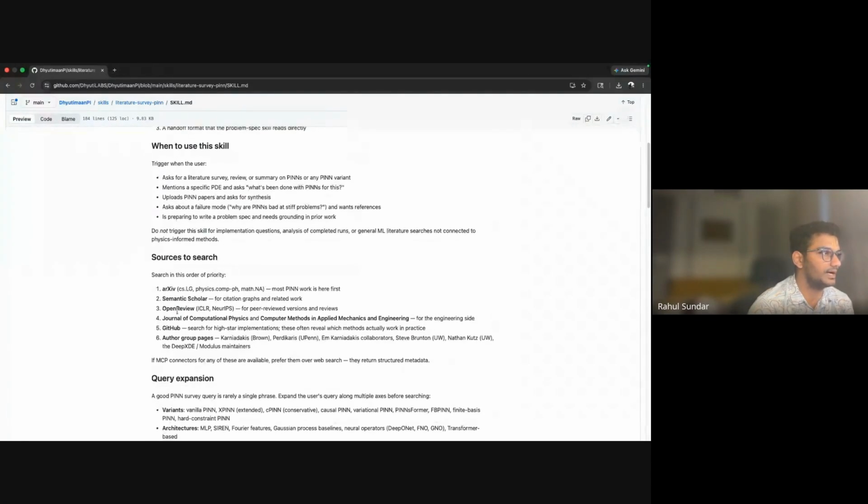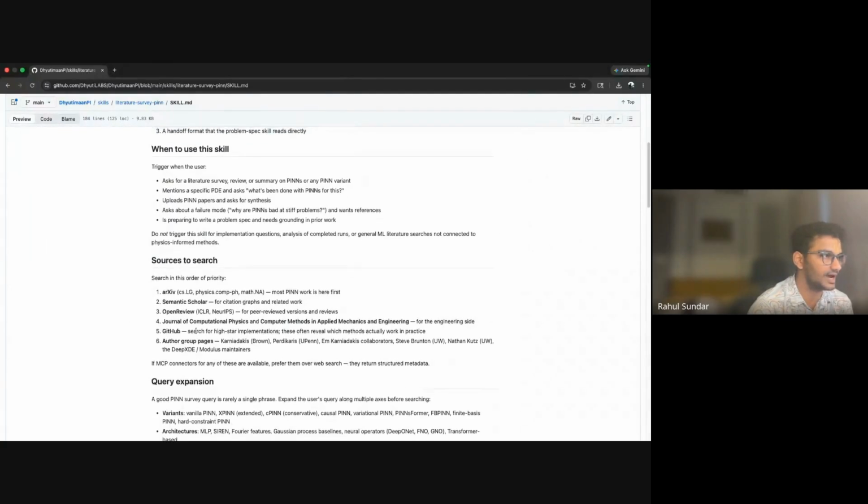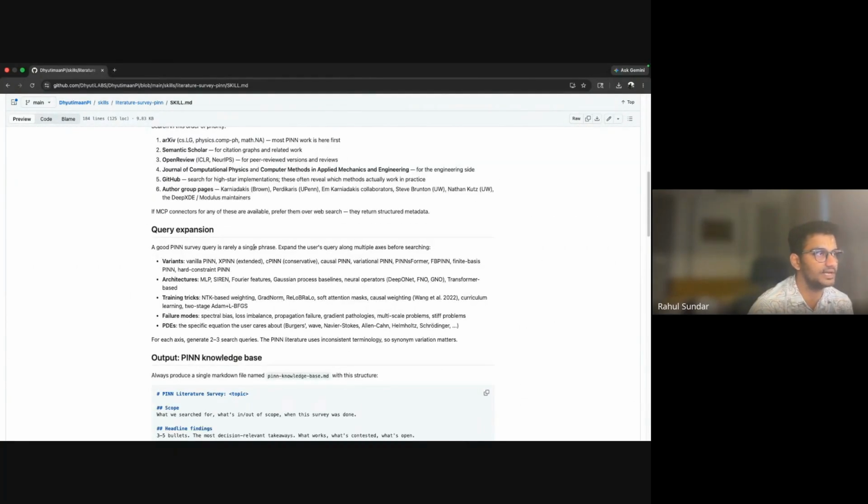The other important part was the sources to research and query expansion, which is a very important part of this skill, because if you don't have query expansion, that could also be attributed to a failure mode, right? If you don't give enough access as a domain expert, and cannot give it dimensions or directions in which the agent has to search wide and deep, it becomes impossible for the agent to really make sense of what to gather information from. And this happened to be a failure mode initially.